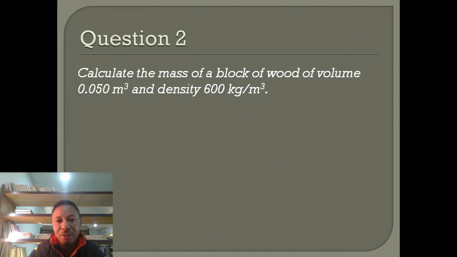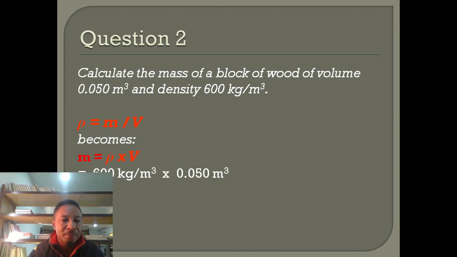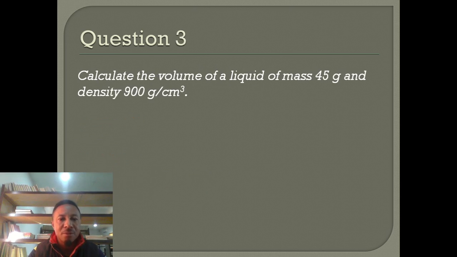In this case, you want to calculate mass, so it becomes density times volume, right? Or you simply make mass the subject of the formula, what you learned in maths, and then substitute in the right order and get your final answer.